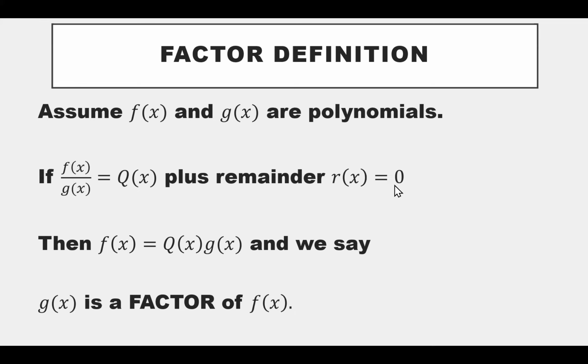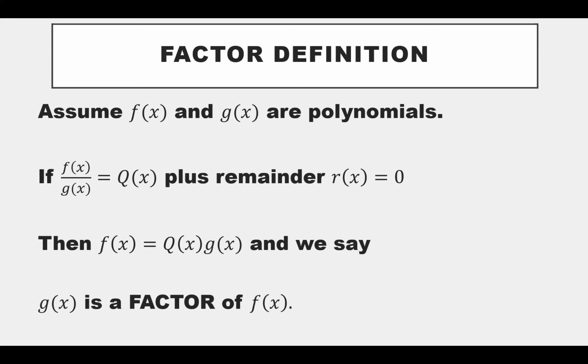We know from earlier that a remainder of 0 means that we have a numerical 0 when g of x looks like x minus r. So when g of x looks like x minus r, a remainder of 0 means that when we plug r into my function f, I've found a 0.